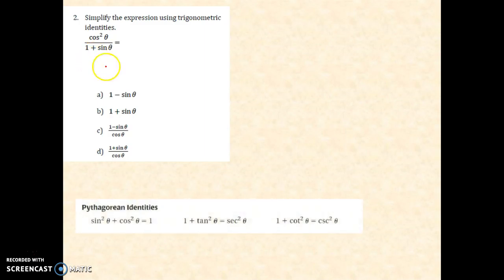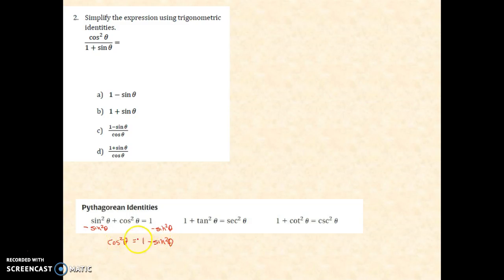So we don't want to go that direction, but cosine squared, I can use a Pythagorean identity to turn cosine squared into something that has to do with sine squared. If I subtract sine squared theta from both sides of this Pythagorean identity, I get cosine squared theta is equal to 1 minus sine squared theta.